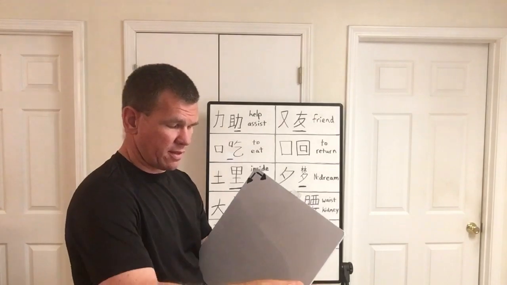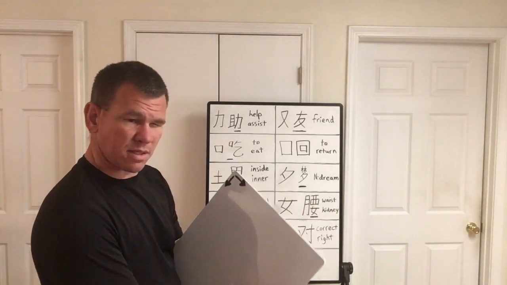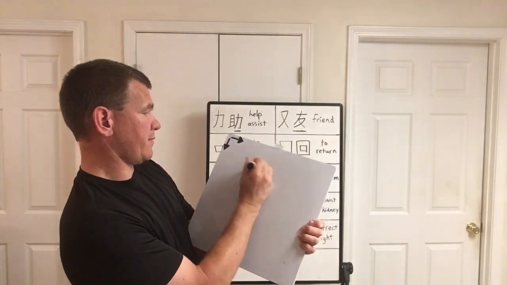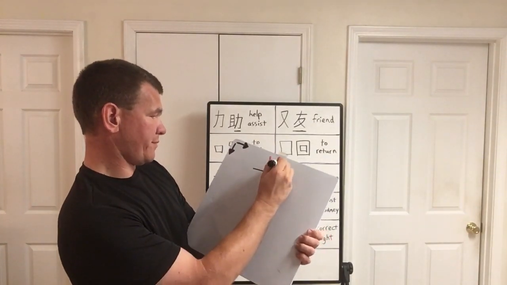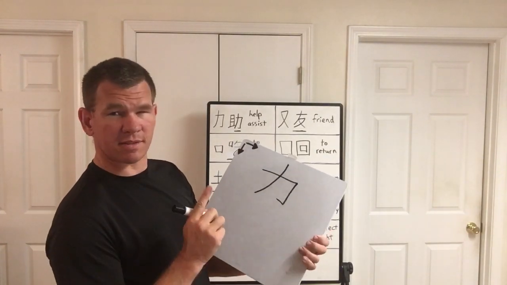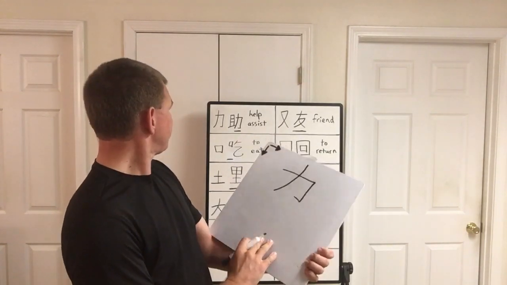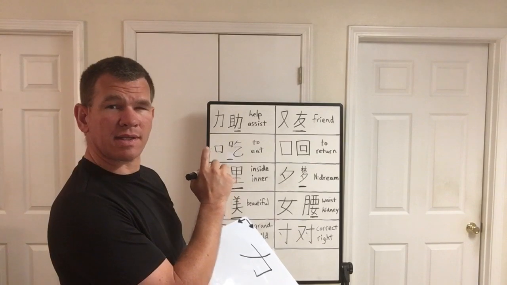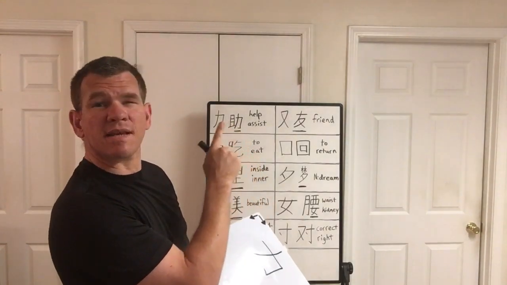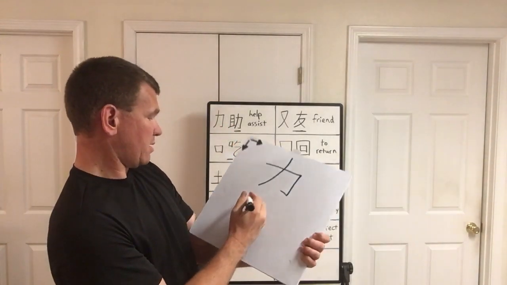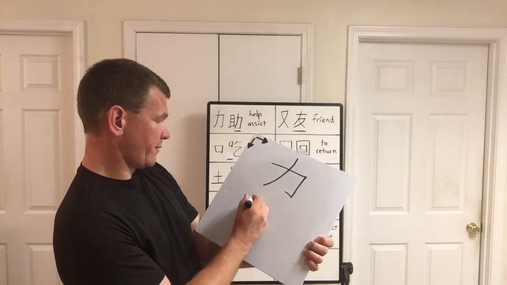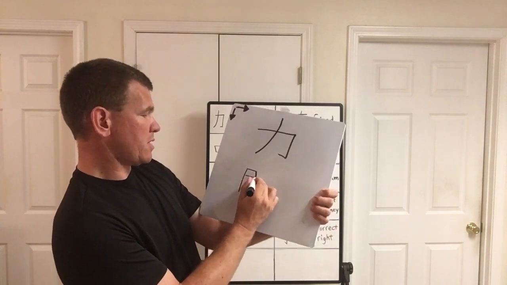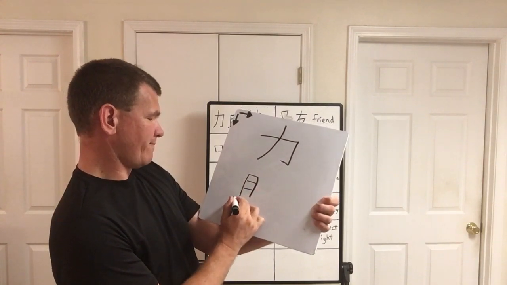So we'll start with strength. 1, 2. That's the basic character. Now, the character on the right with the example means help or assist. 1, 2, 3, 4, 5.